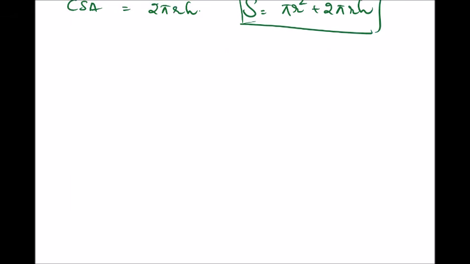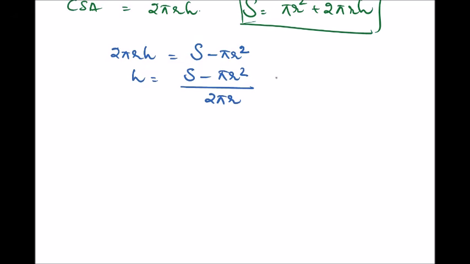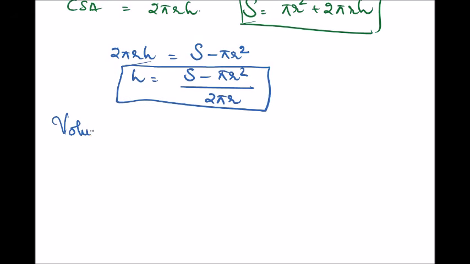Now we need to solve for h. We can rewrite that equation as 2 pi r h is equal to S minus pi r square. That is h is equal to S minus pi r square divided by 2 pi r. Now we need to find the volume of cylinder. We know the formula V is equal to pi r square h.